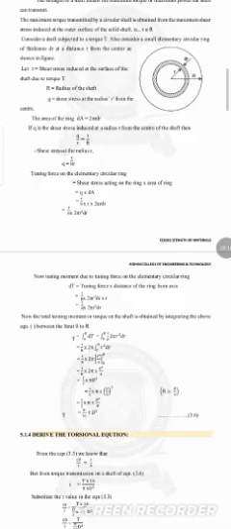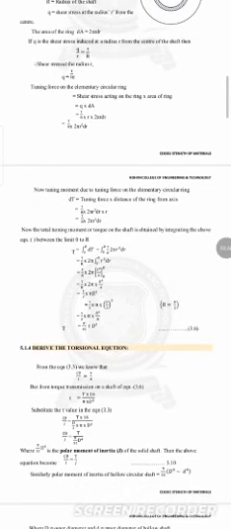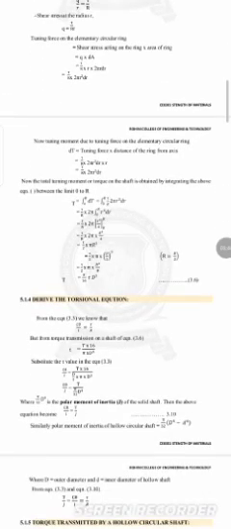Then q by r is equal to tau by R. Shear stress is denoted by q, equal to tau r by R. Then the turning force on the elementary circular ring is equal to the shear stress acting on the ring into the area of the ring, q into dA. q is already known and dA is equal to 2 pi r into dr. Therefore, dT is equal to tau by R into 2 pi r cube into dr. Then to find the torque, we integrate dT from 0 to R. We get T is equal to pi into tau d cube divided by 16.